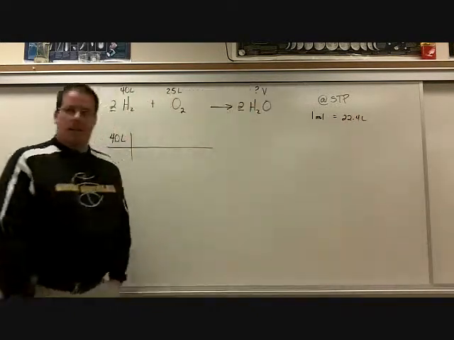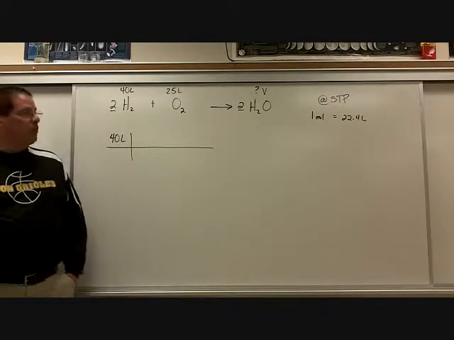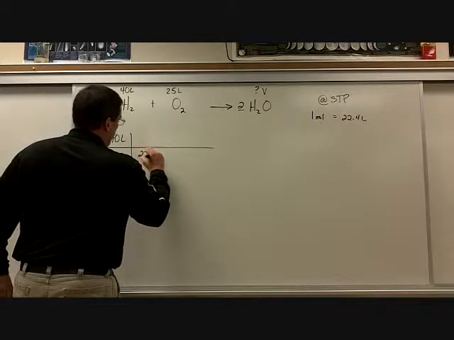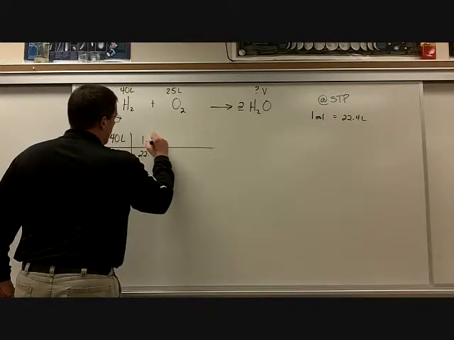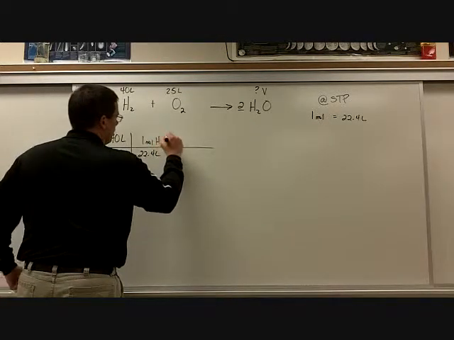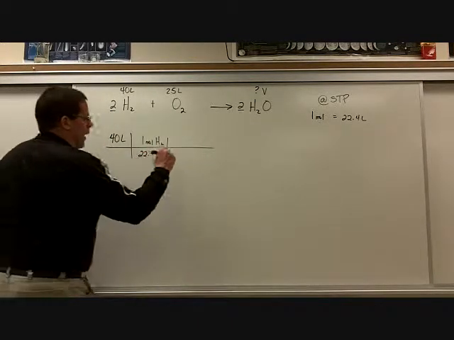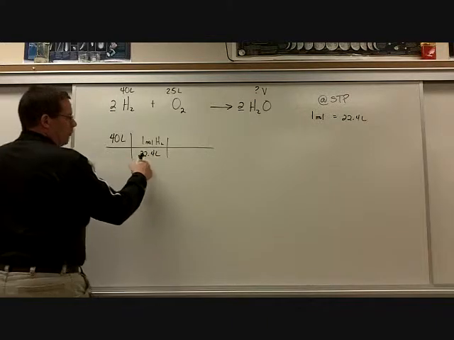When we do limiting reactants, it's a good thing to know that conversion. So I'll put my 22.4 liters on the bottom, for 1 mole of hydrogen, since that's the one we chose. And that's step 2.